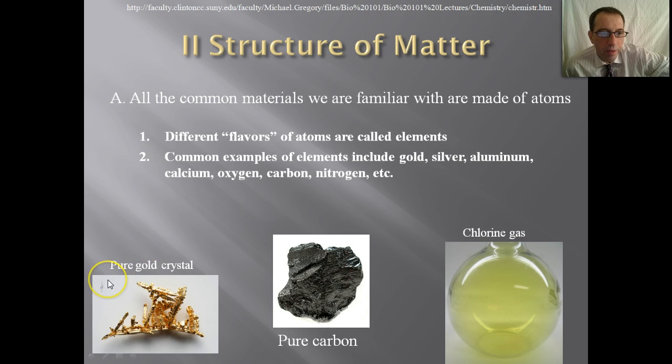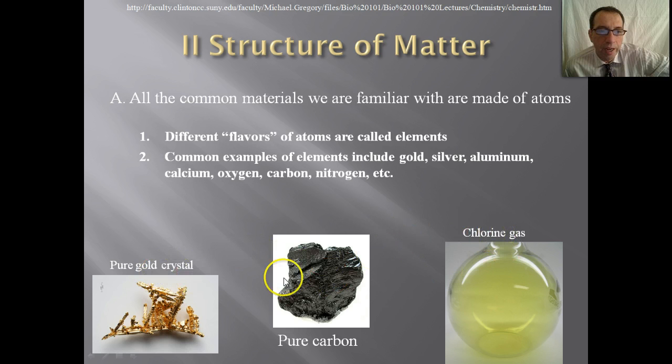These are pretty rarely found and quite beautiful in their own way. And then we have some pure carbon, a lump of pure carbon over here. By the way, when you write on your papers with a pencil, you're actually writing with carbon, not lead. Even though it's called lead, it's actually made out of carbon, which is good for us because lead is kind of toxic, so we wouldn't want to be walking around with pencils in our pockets made of lead all day long. And then over here we have chlorine gas.